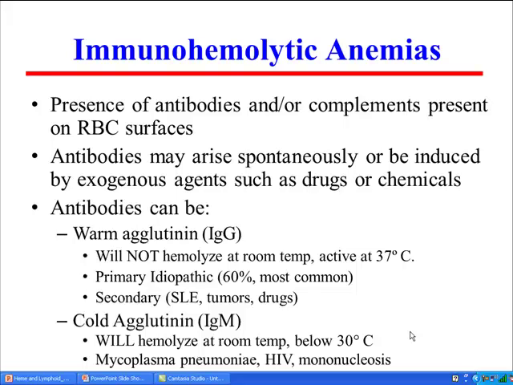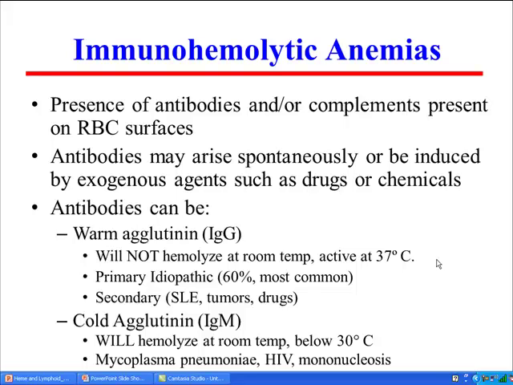So the antibodies can be classified as either warm agglutinin, which is caused by the IgG antibodies. And the reason it's called warm agglutinin is because this antibody will not be active until it's about 37 degrees Celsius or higher. So only at that temperature or higher will the red blood cells be hemolyzed.